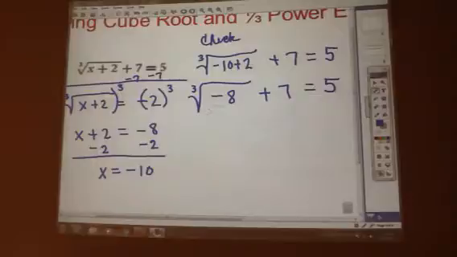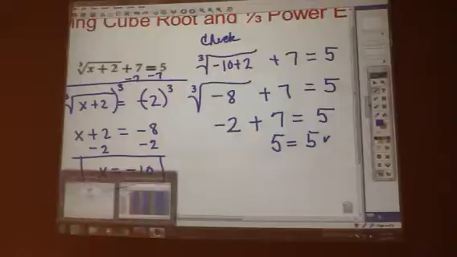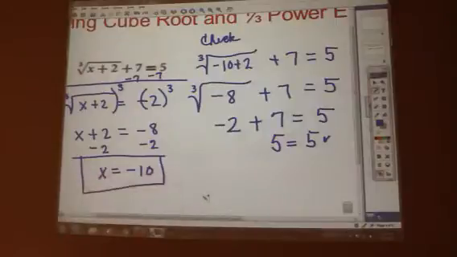The cube root of negative 8 is negative 2, plus 7 equals 5. 5 equals 5. So our answer is correct. Any questions on those?